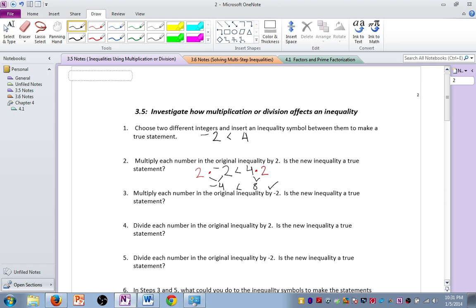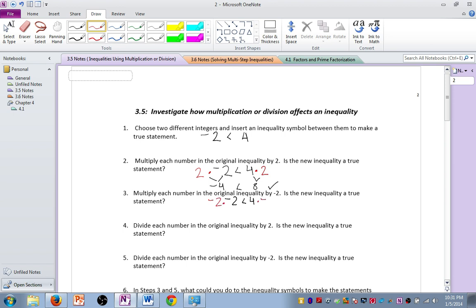In step 3, it tells us to take the original inequality and multiply each number by a -2 this time. So let's start with our original inequality of -2 less than 4. And we're going to multiply each side by a -2.